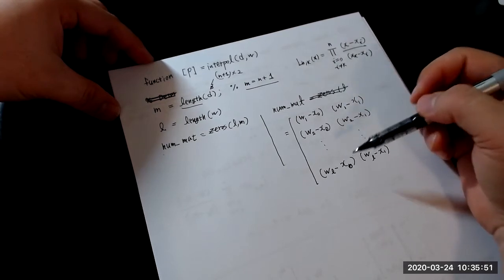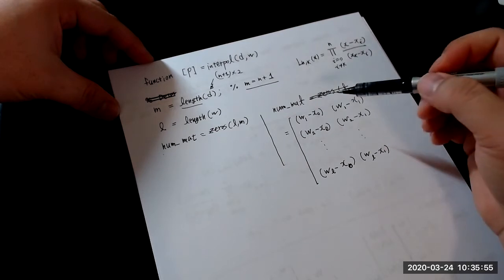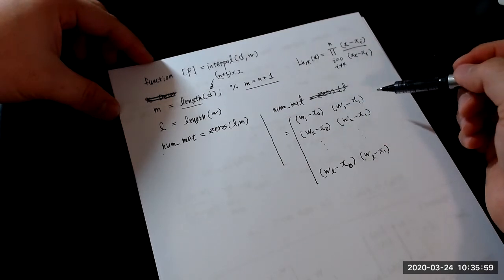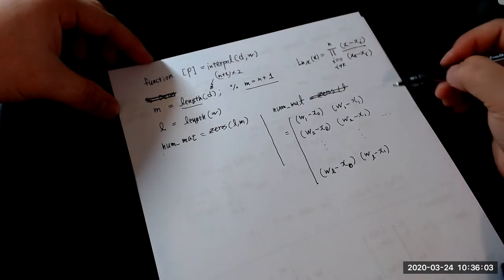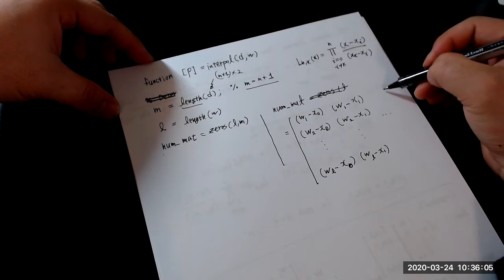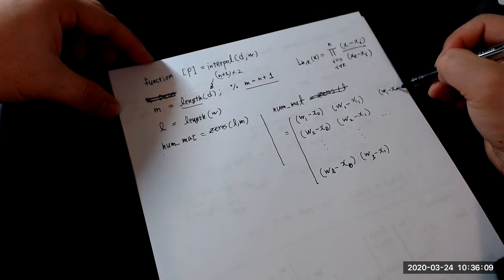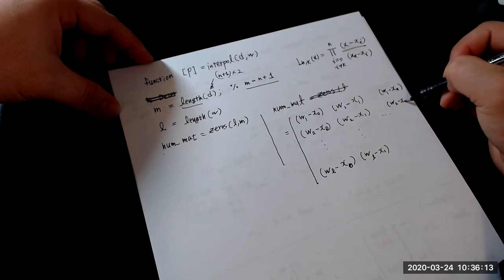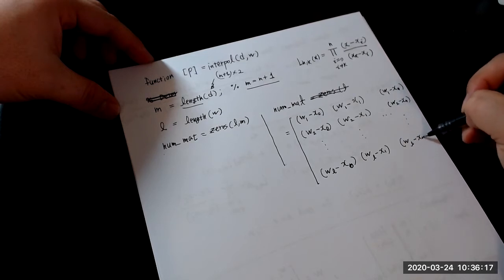So each column is a kind of binomial: W minus x0, W minus x1, and so on. The last column is W1 minus xn, W2 minus xn, up to WL minus xn.